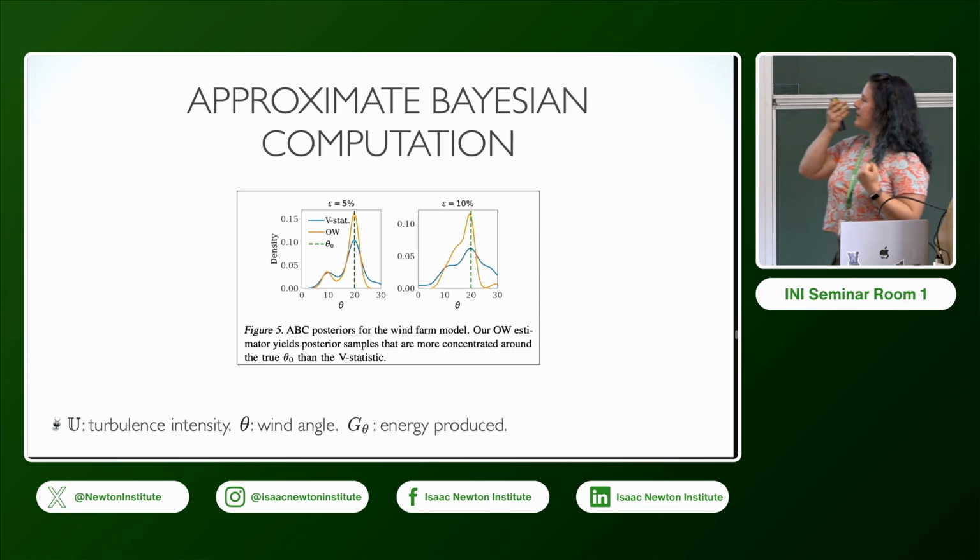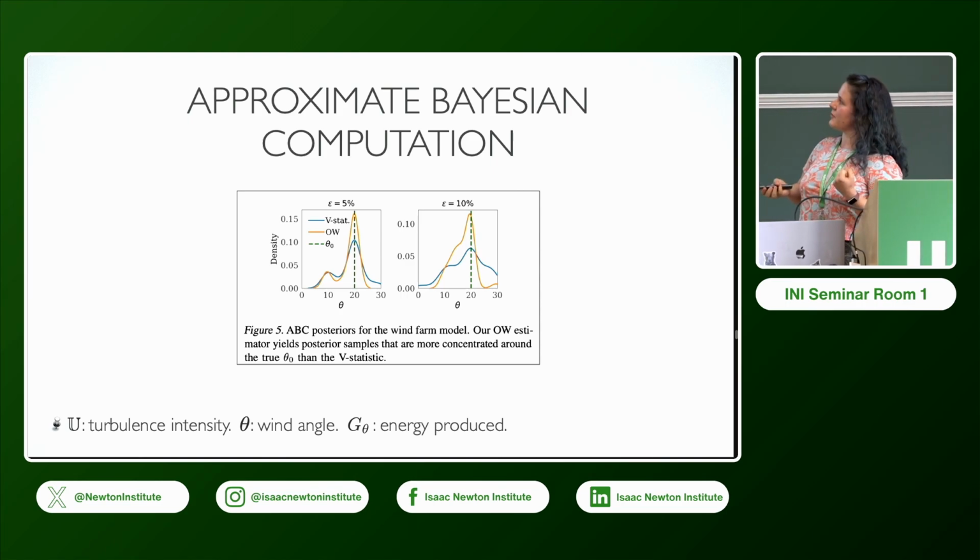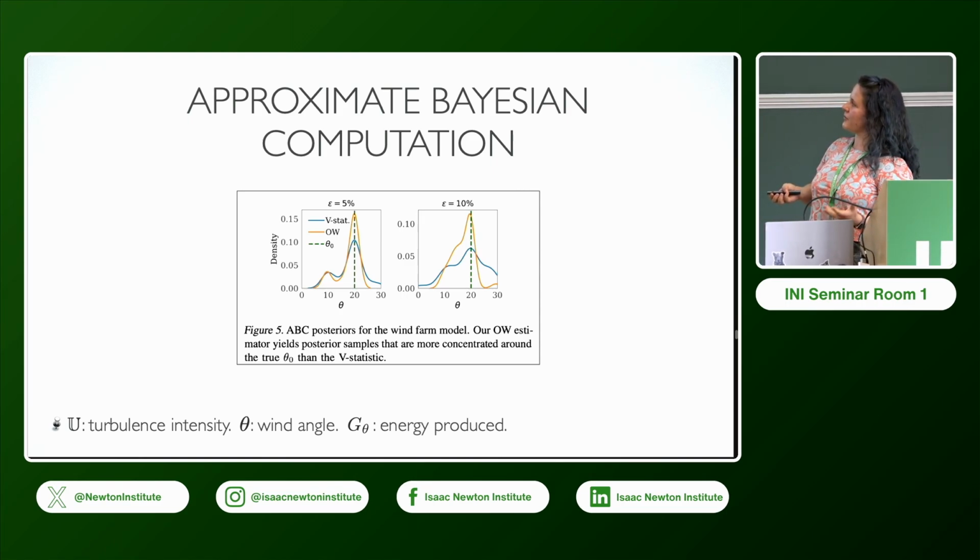And these are some experimental results for the method, where we are approximating MMD with the optimal weights and using MMD minimization to conduct ABC and get this ABC posterior. Here in blue, we have the posterior based on the V-statistic approximation of MMD, and in orange, the optimally weighted one.